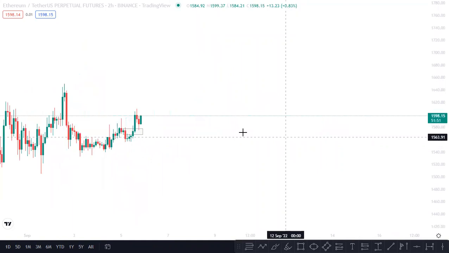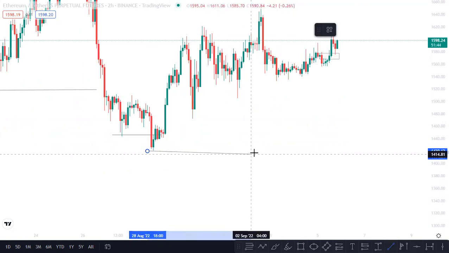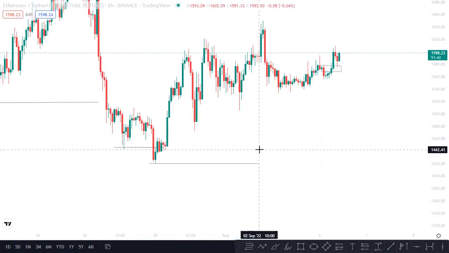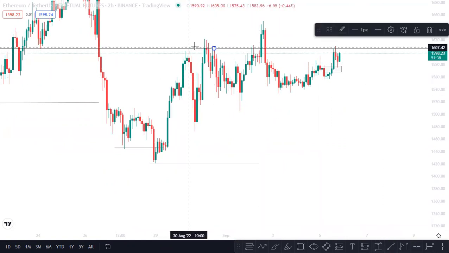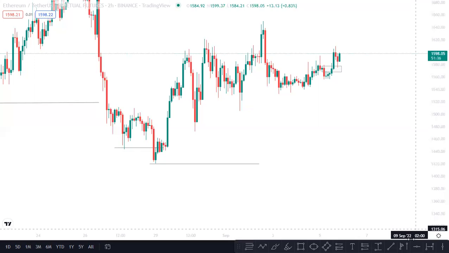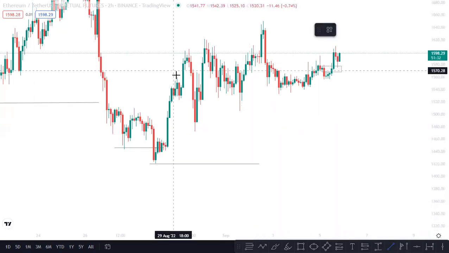If I zoom this in, what happened when we failed to break this low? We started breaking highs. As we didn't break this low, price started breaking highs. We had our first high break at this point. Look at my trade. Crazy.